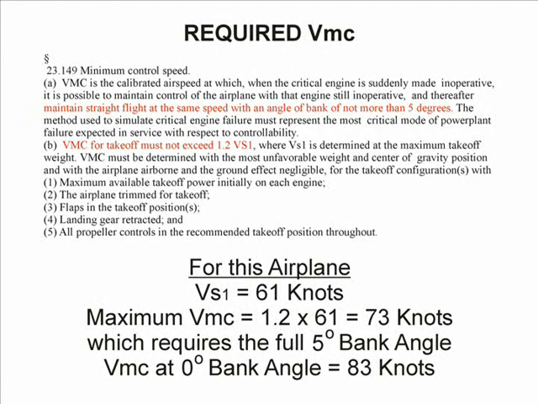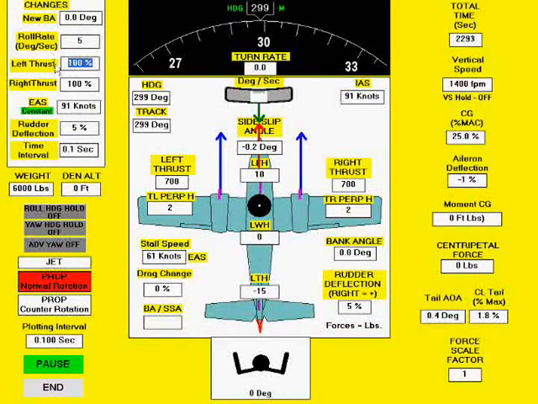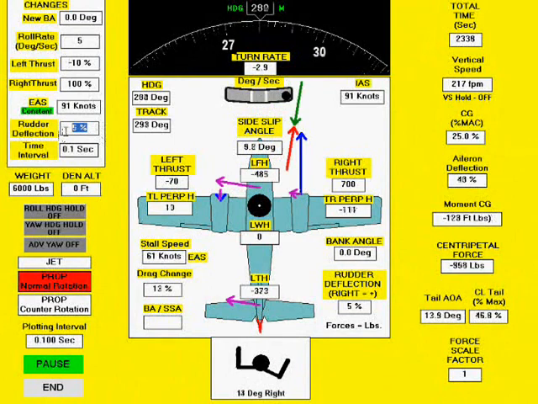Now let's use the correct VMC to calculate our initial climb speed. We are now climbing at 91 knots, which is 10% above the wings level VMC of 83 knots. When the left engine fails, we apply right rudder pressure to stop the turn.